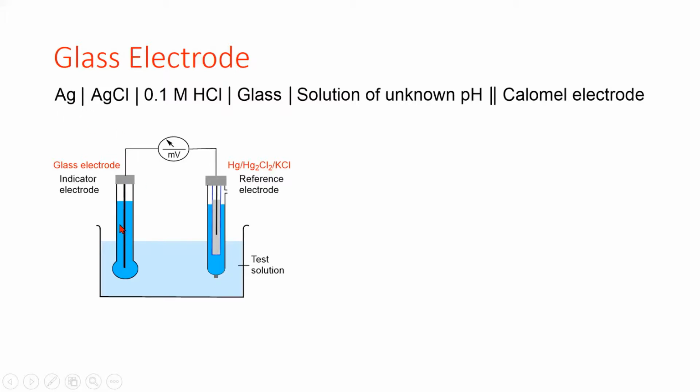This is silver chloride in contact with 0.1 molar HCl. Then there is a glass solution of unknown pH and through salt bridge the calomel electrode.